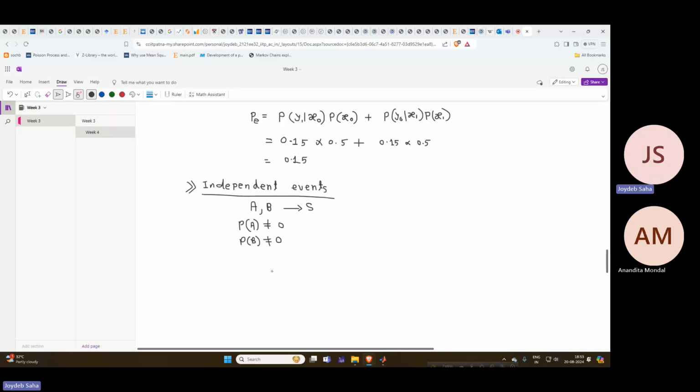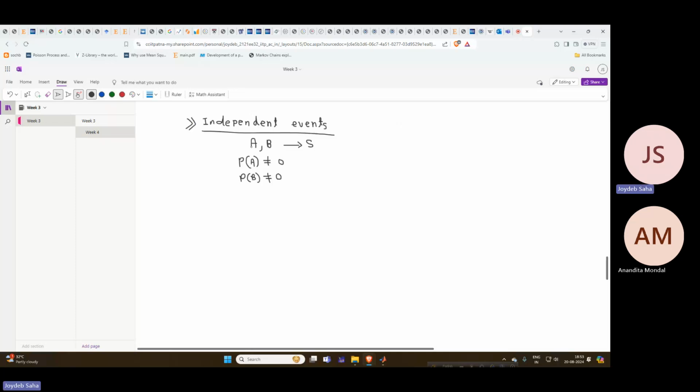That occurrence of any event is not affected by the occurrence of other event. Then we can say that A and B are independent events. Okay, so first condition is the probability of any of the event is not zero. Second is occurrence of any event is independent from occurrence of other event.